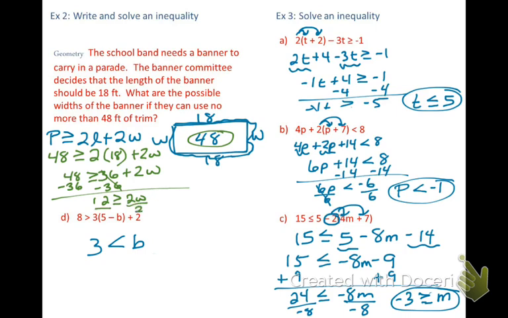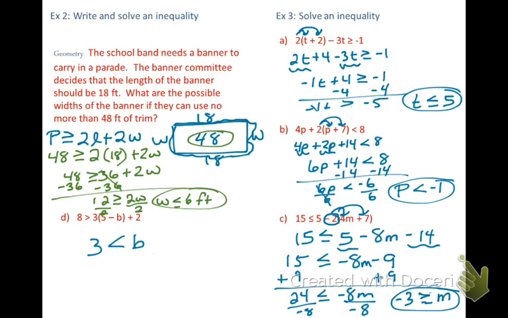Divide by 2. So my width would be less than or equal to 6 feet. So that's how you would do this.